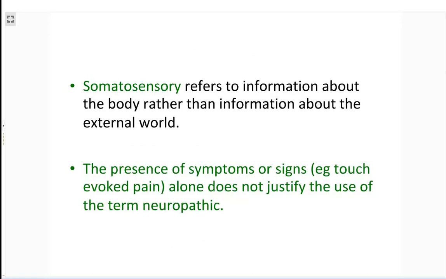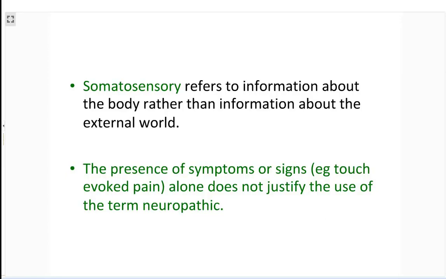Nothing new to this group here, the idea that somatosensory refers to information about the body rather than the external world. But in looking at the common descriptors of neuropathic pain, like allodynia or burning, there are a lot of people out there who report these same symptoms, easily described as neuropathic pain, yet who don't have any sign of neurological injury.